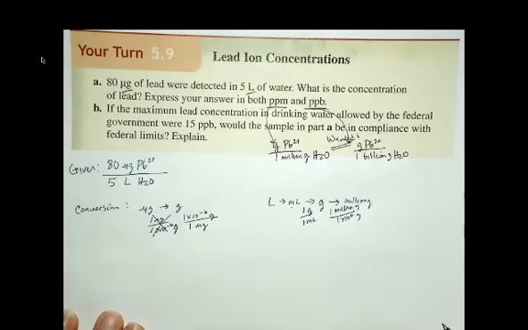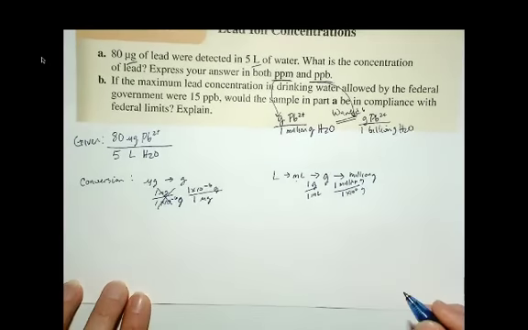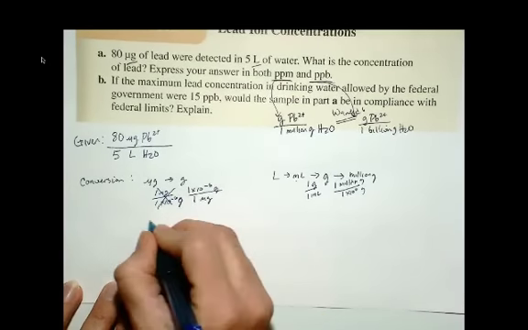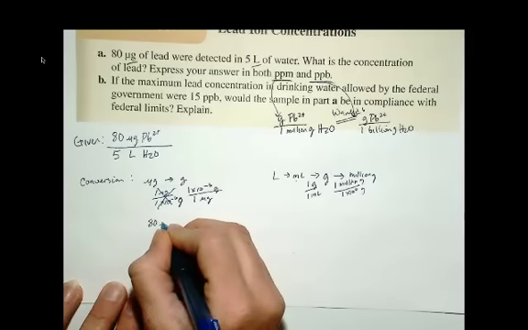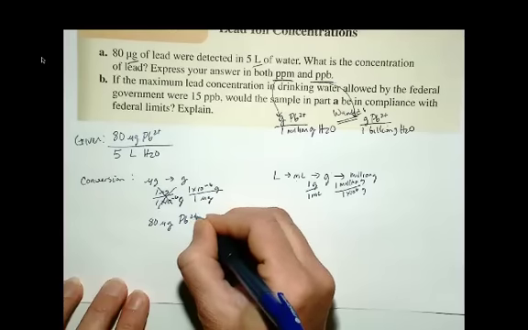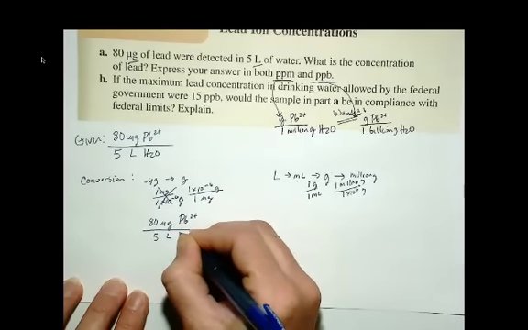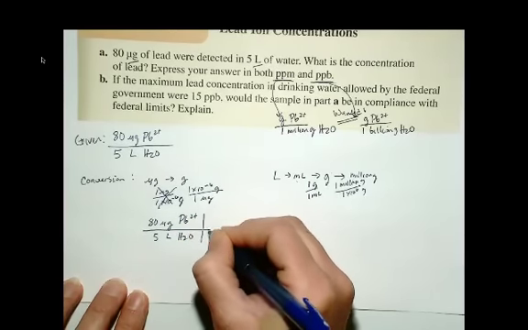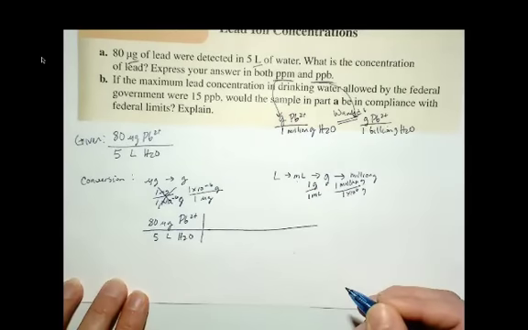Alright, so I can just put this all together and do it in one conversion sequence. You always start with what's given: 80 micrograms of lead ion per 5 liters of water. That's our concentration in the given units.